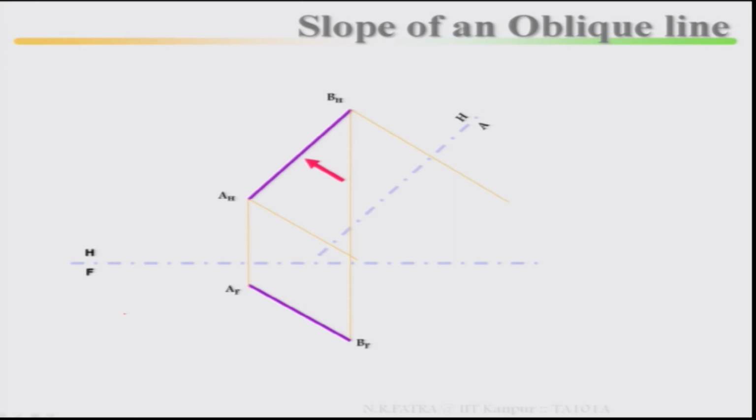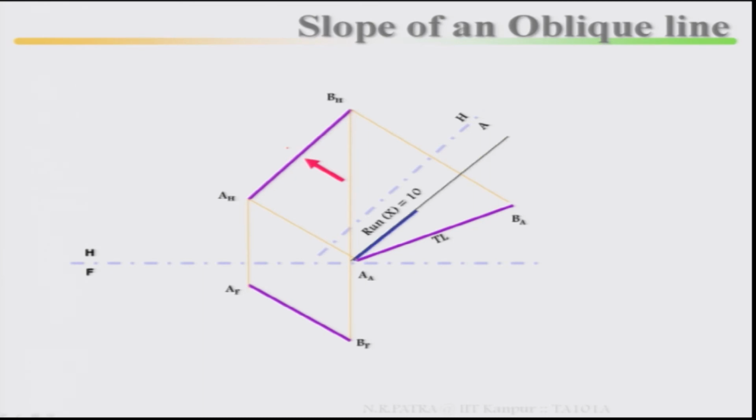This is the true length of your line with respect to your top view. You can get the true length of this line with respect to your front view here as well. Now, it is AA and BA.